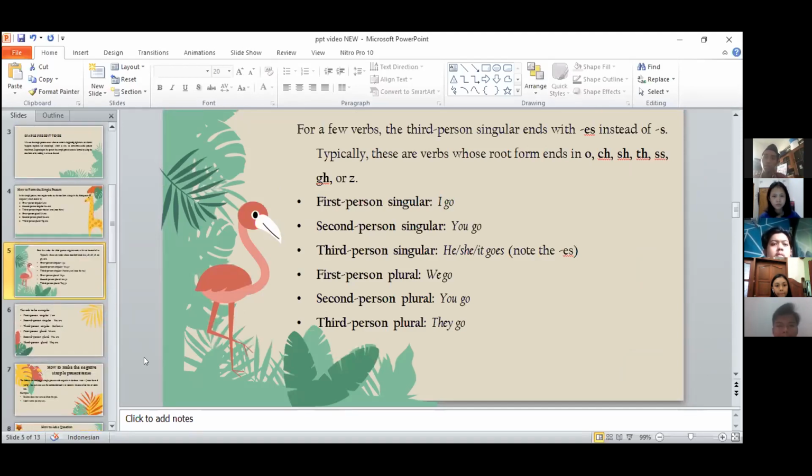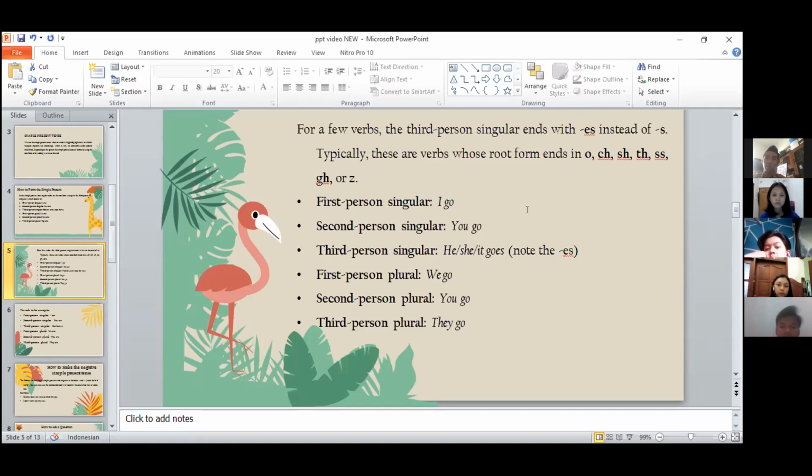Okay, so for a few verbs, the third person singulars add es. Typically these are verbs whose root ends in sounds like Ch or Z. So the first person singular: I go.